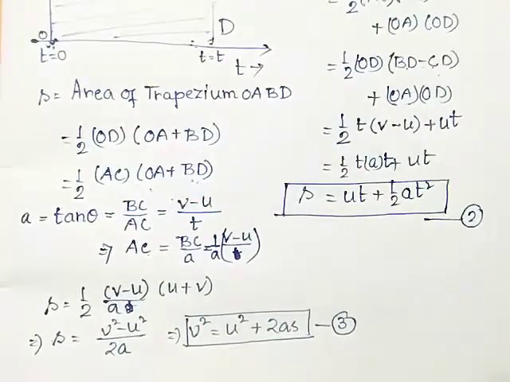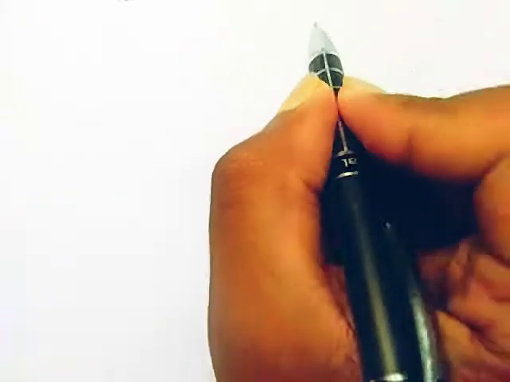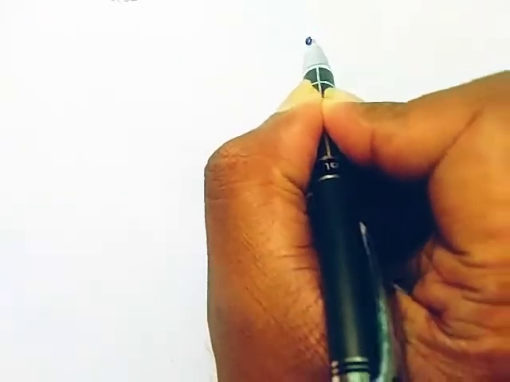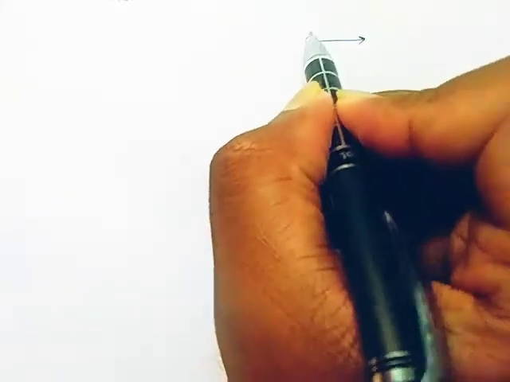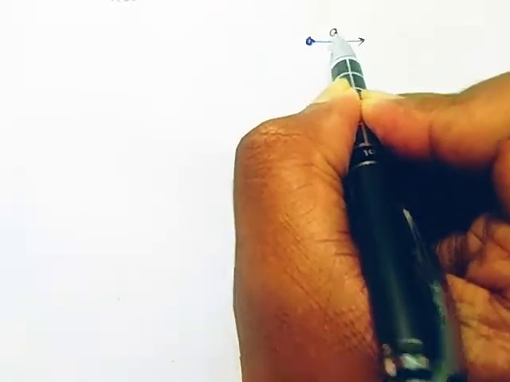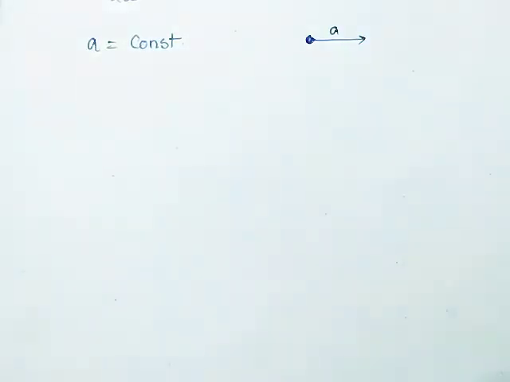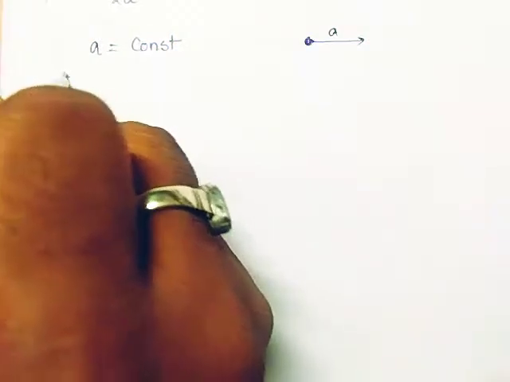Now I want to calculate this using the method of calculus. Here I have considered that a particle is moving with constant acceleration. So we can say the acceleration is constant. What is acceleration?